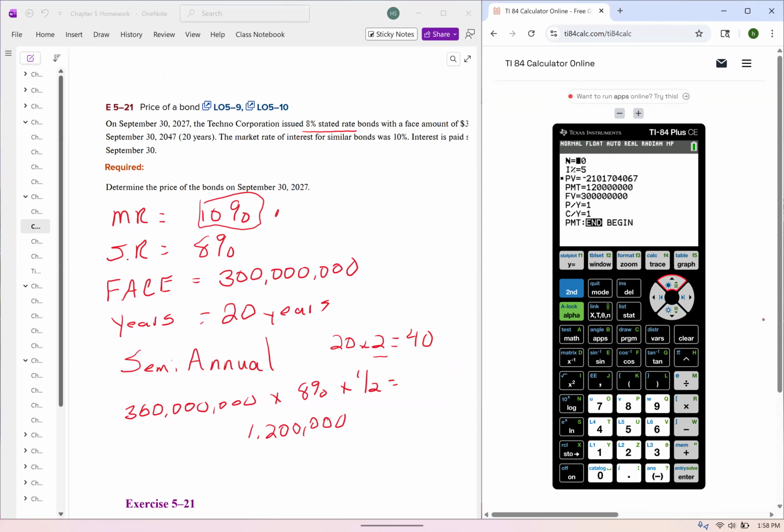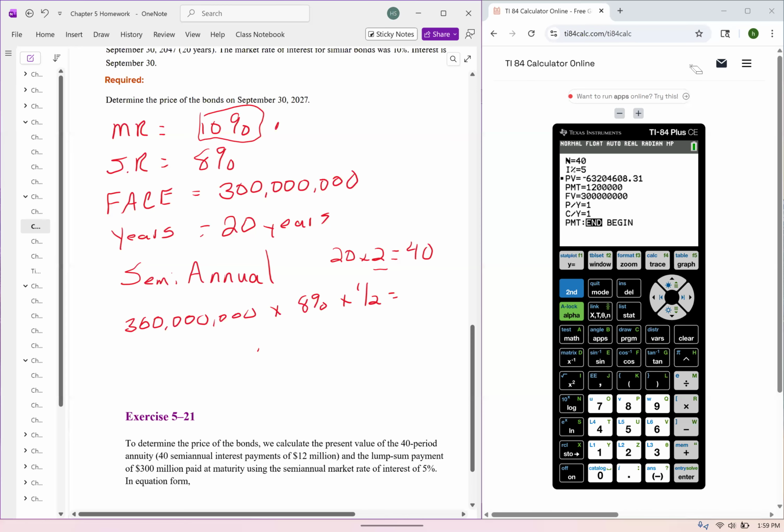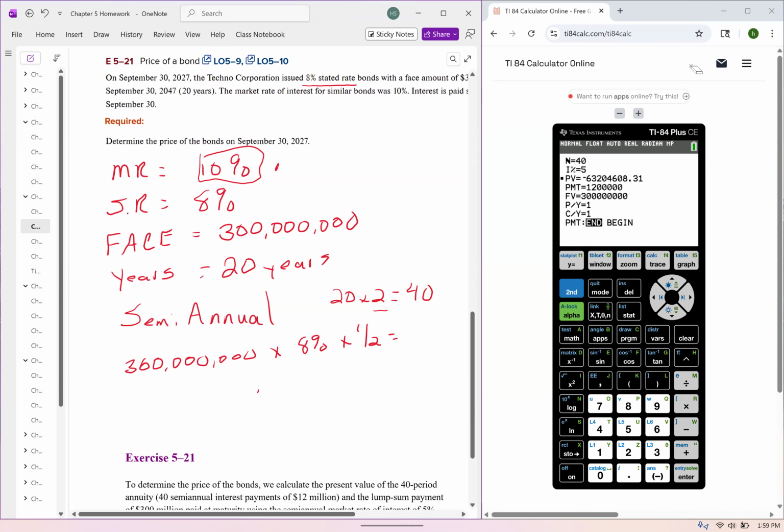I got something really close. All right, y'all are probably screaming through the video, Miss Solano, you did not do that right. I did not. Instead of getting 1.2 million, I should have gotten 12 million. So you see how much difference a zero can make in your calculation. I left a zero off there and it was not right.